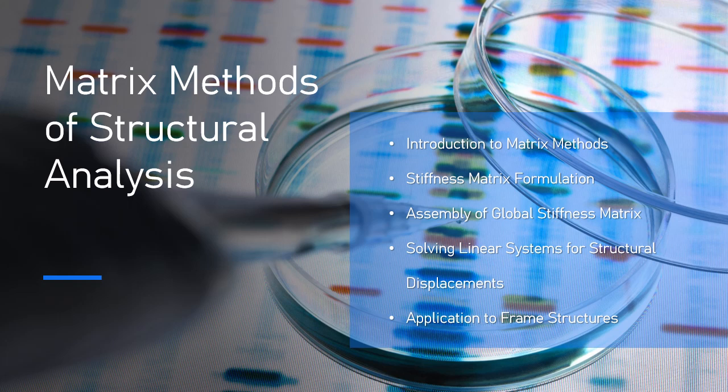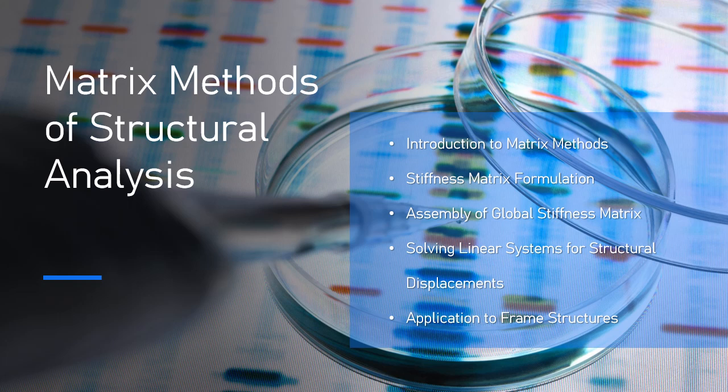The DOFs for the nodes might be labeled as follows. Node 1, U1, translation in X, U2, translation in Y, U3, rotation. Node 2, U4, translation in X, U5, translation in Y, U6, rotation, etc.